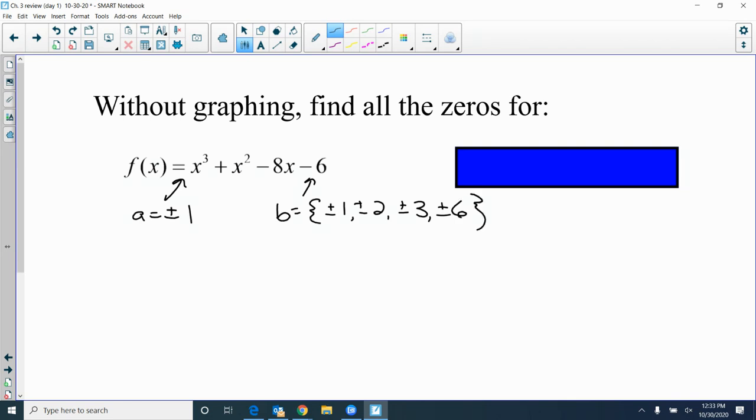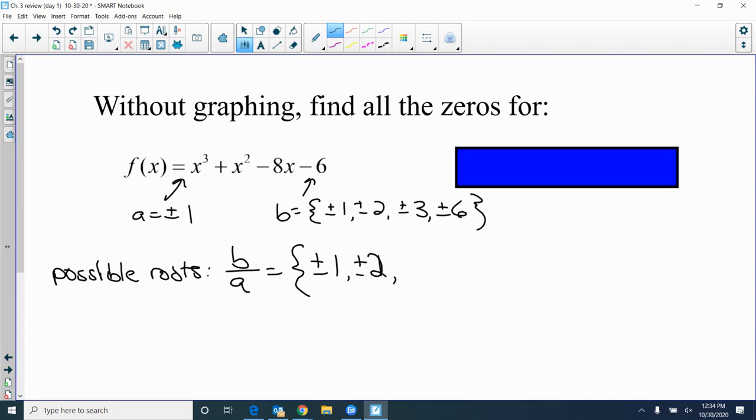And now our possible roots are B divided by A, which is just 1, 2, 3, and 6.